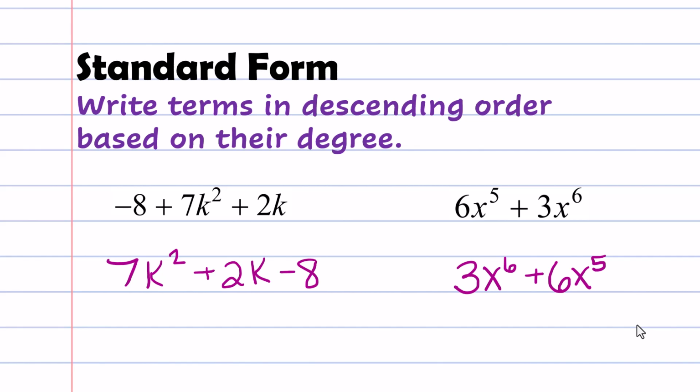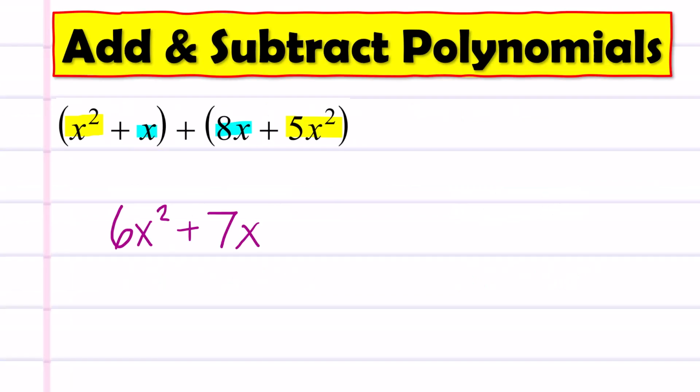Now, those are some basic concepts of polynomials. After that, in your class, they'll teach you how to add and subtract polynomials, so we're going to do that as well. Adding and subtracting polynomials is about putting together things that are like terms.